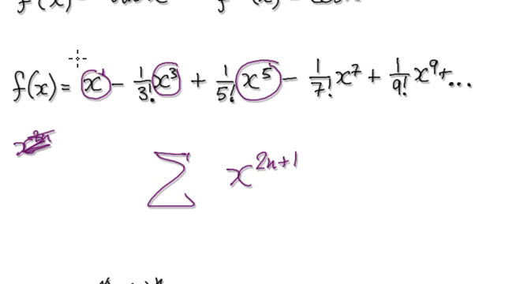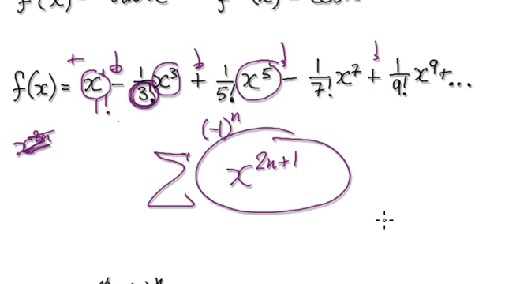And then if you look at this, you've got plus, minus, plus, minus, plus, and so on. So it's alternating. So you know somewhere in here you're going to have minus 1 to the power of n, or maybe n plus 1. You haven't decided yet. And then here you've got 1 factorial, 3 factorial, 5 factorial. All these are odd numbers.